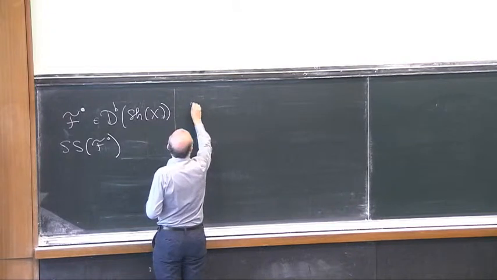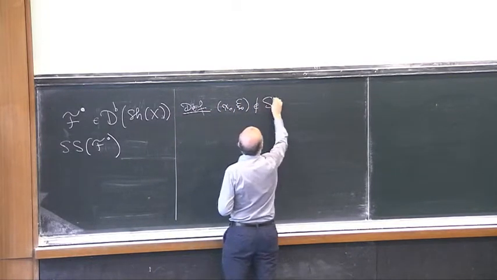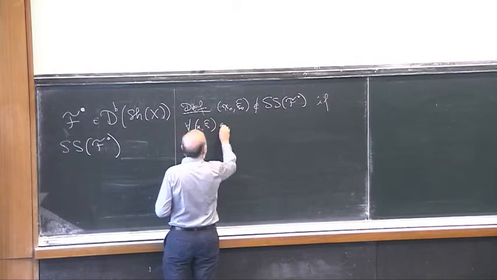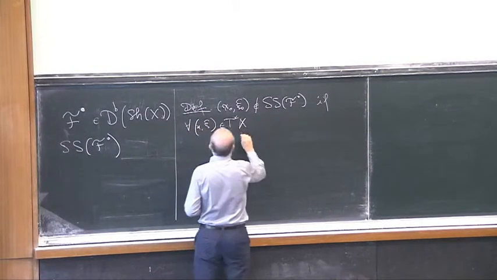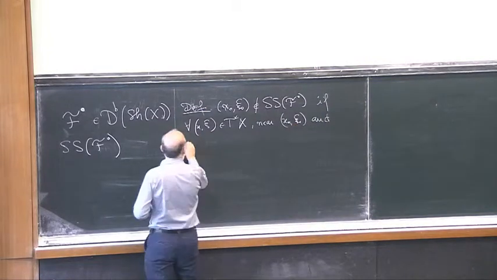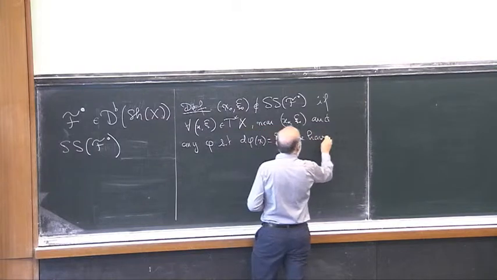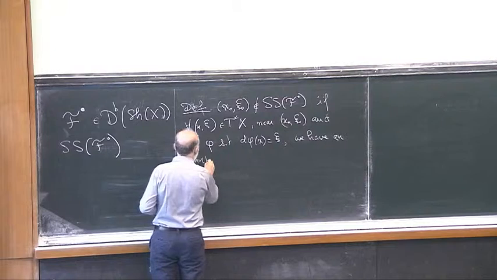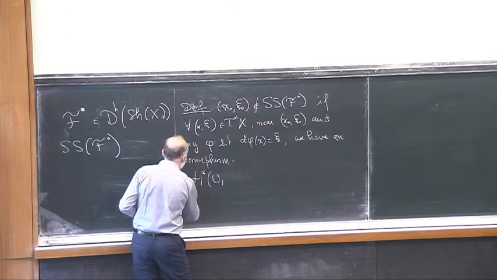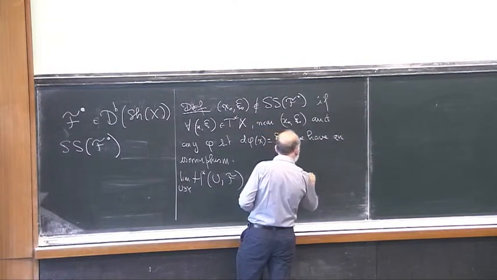So remember that the definition is that (x0, psi 0) does not belong to the singular support of F if and only if for any (x, psi) in T star X near (x0, psi 0), and for any function phi such that the differential of phi at x is psi, we have an isomorphism from the cohomology, the limit for U containing x of the cohomology of U with coefficients in the sheaf, to the cohomology of U intersection {phi strictly negative}.